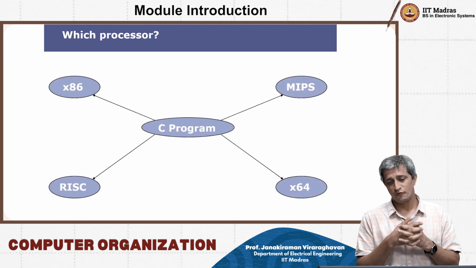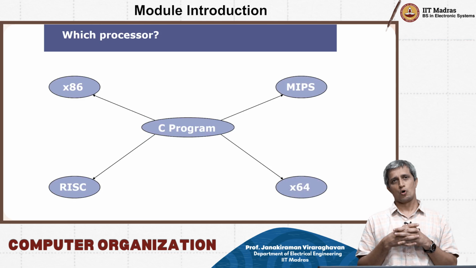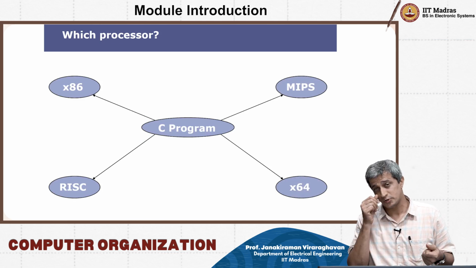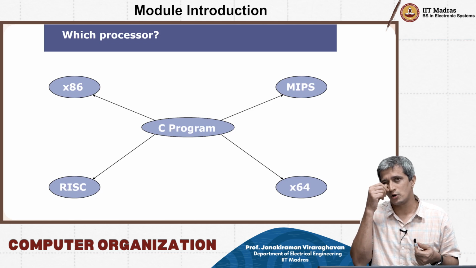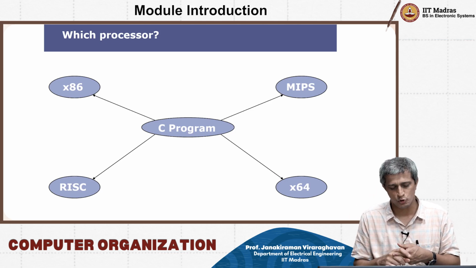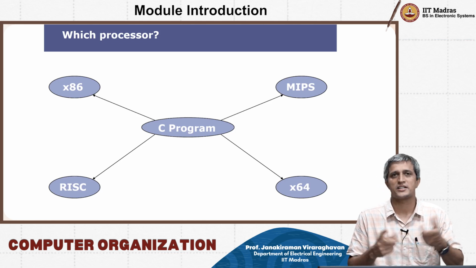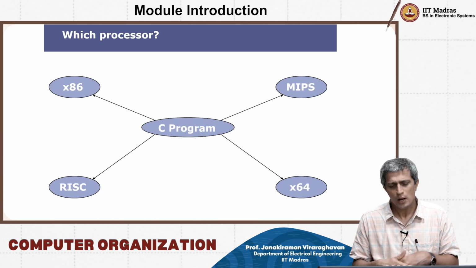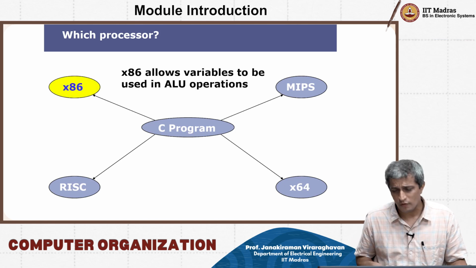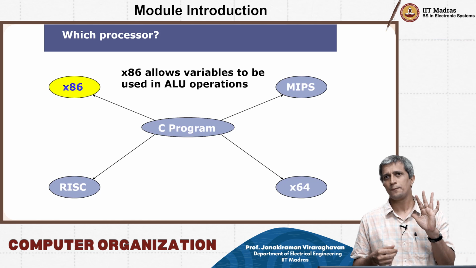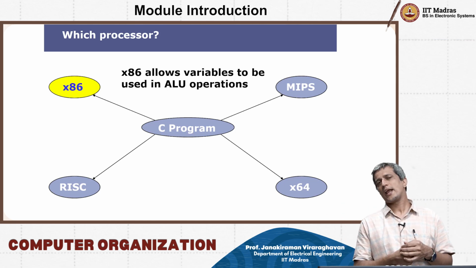Now, which processor should I use? Like I told you, there is a reduced instruction set RISC processor. There is MIPS, which is also a reduced instruction set computer, x86, x64. There are a lot of them. So what we are going to do is to use x86. Why am I choosing x86?